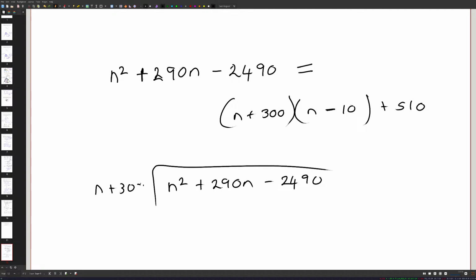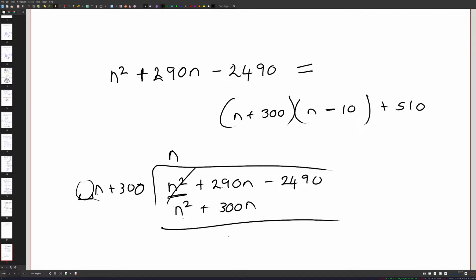And so we go term by term and try to make the coefficients match up so that when we subtract, this cancels out. So I need to multiply this by n to get an n squared. And so I get n squared plus 300n. Now I subtract these and I get minus 10n minus 2490.